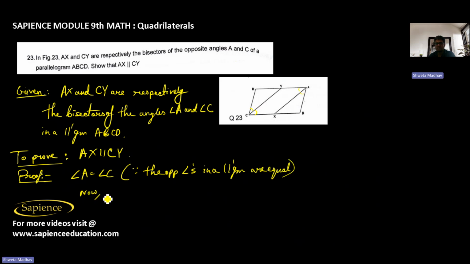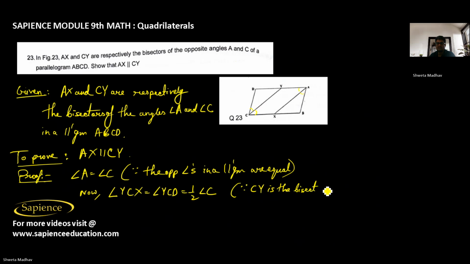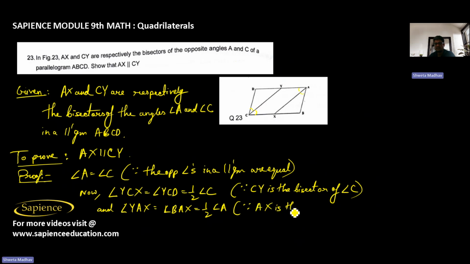So now you can say that angle YCX, that is angle YCD, is equal to half of angle C, since CY is the bisector of angle C. And similarly, angle YAX, that is angle BAX, is equal to half of angle A, since AX is the bisector of angle A.